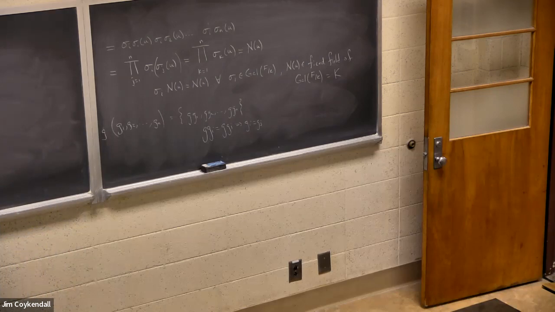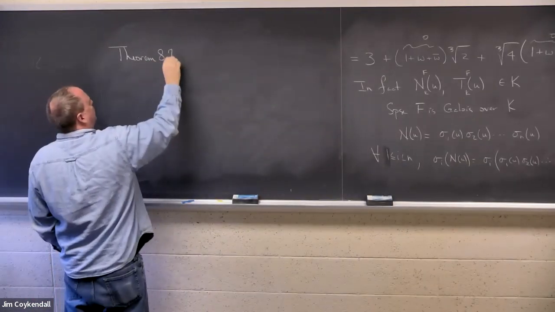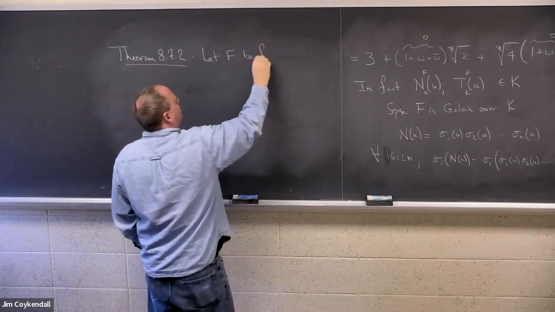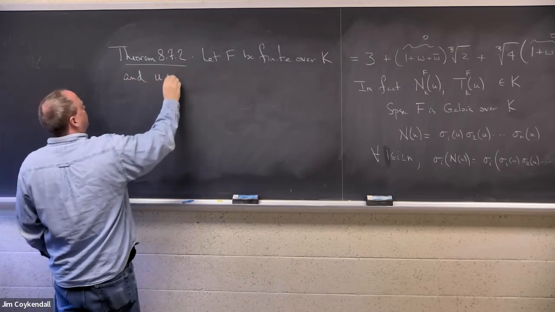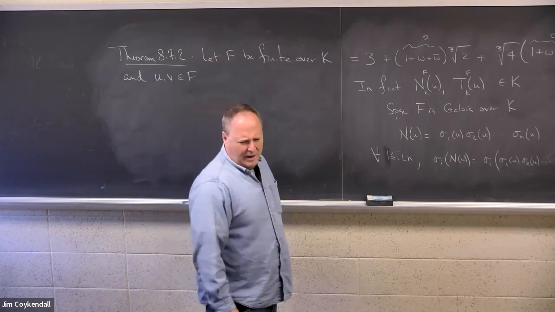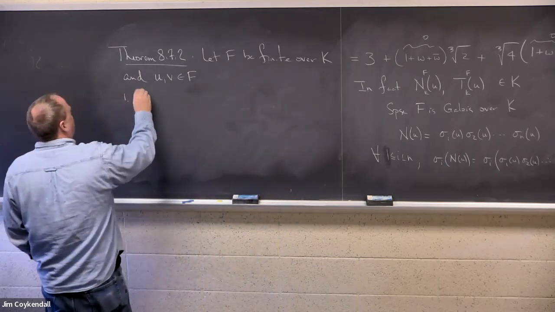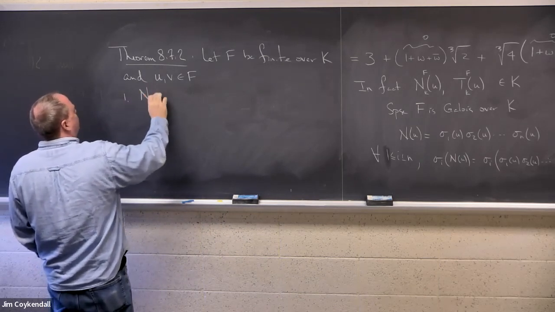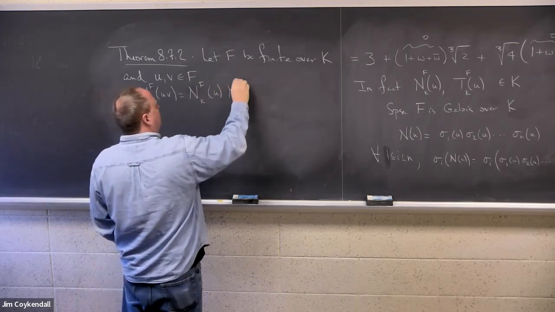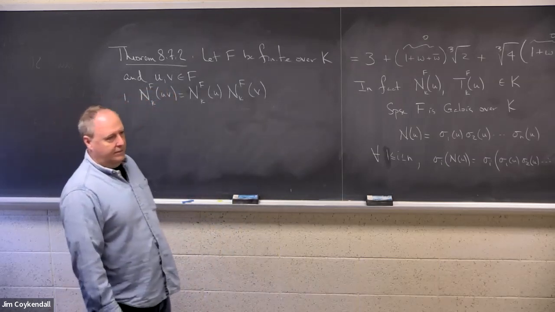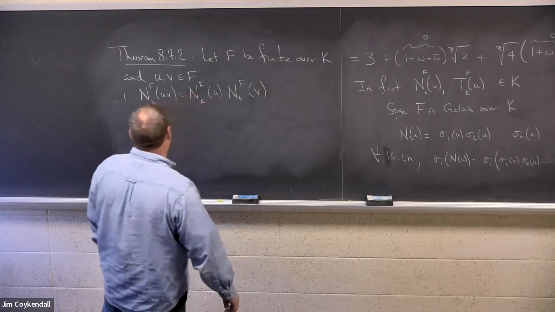Let me give you some properties of norm and trace. Let F be finite over K, and u, v in F. Number one, the norm is multiplicative, and the trace is additive.